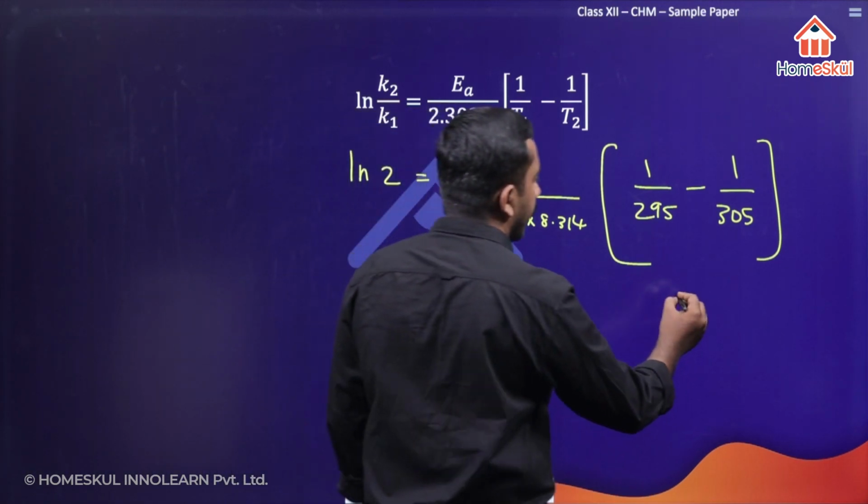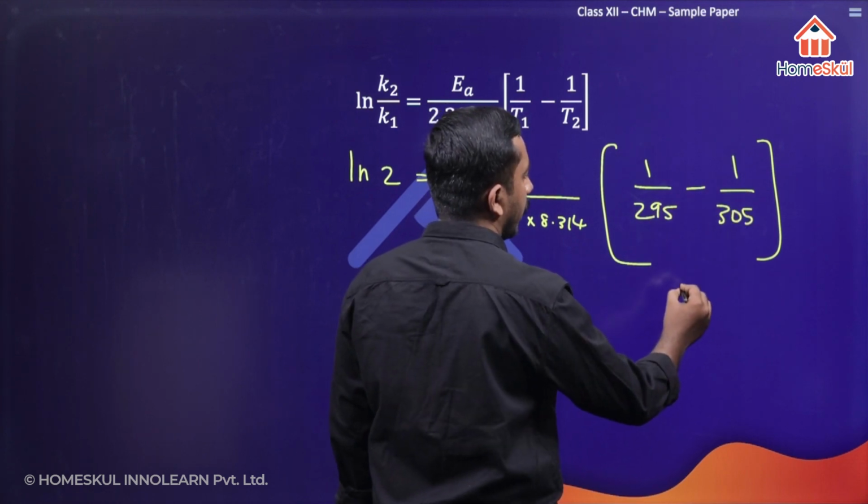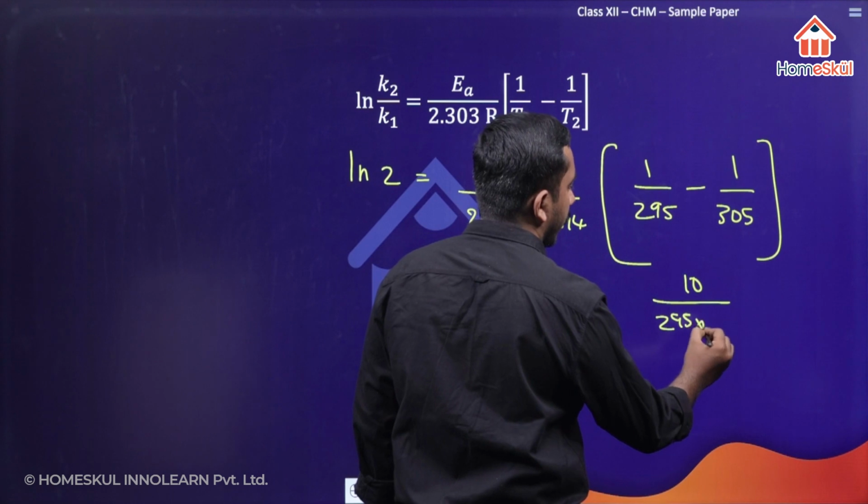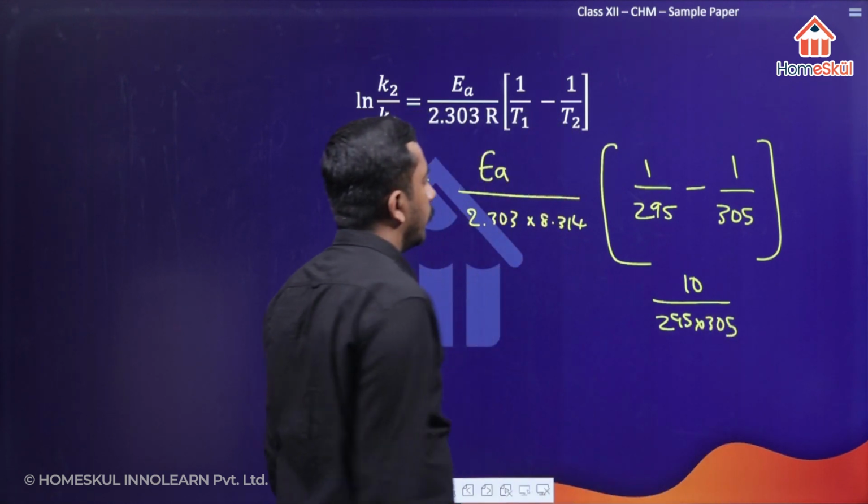This can be simplified as 305 minus 295, so that will be 10 divided by 295 into 305.